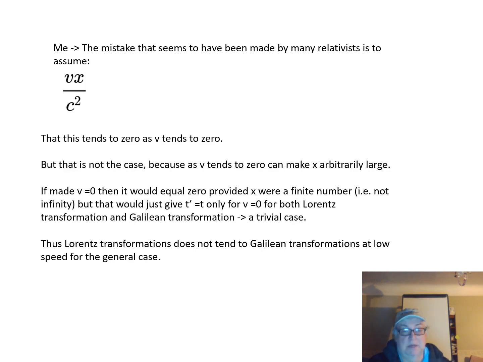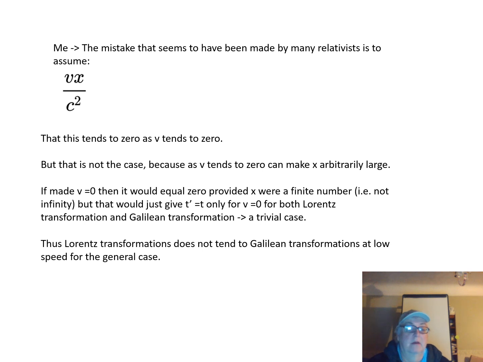And the mistake that seems to be made by many relativists is to assume that vx divided by c squared tends to 0 as v tends to 0. But that is not the case, because as v tends to 0 you can make x arbitrarily large.